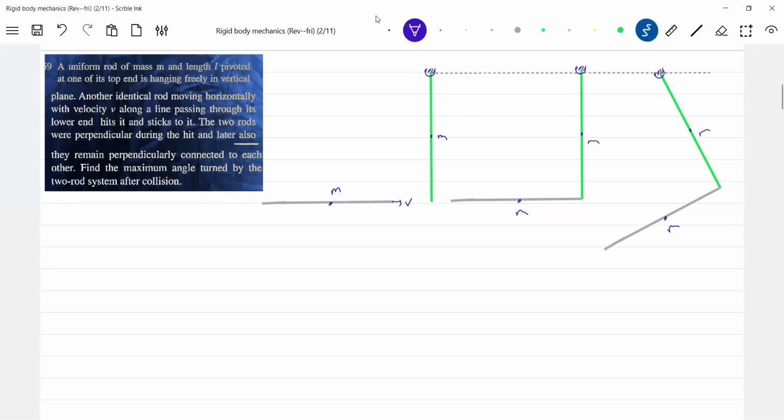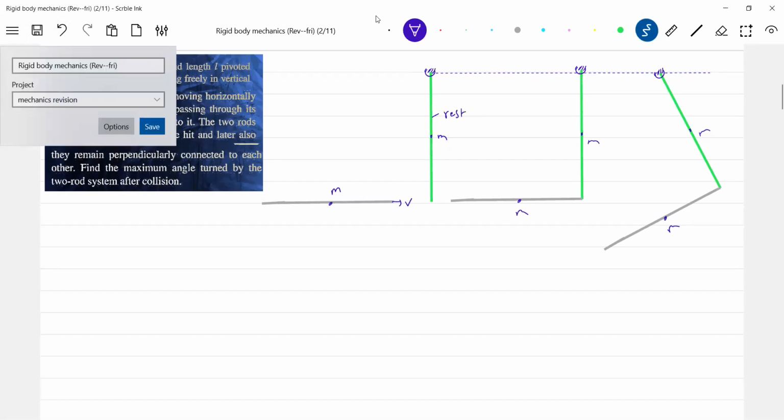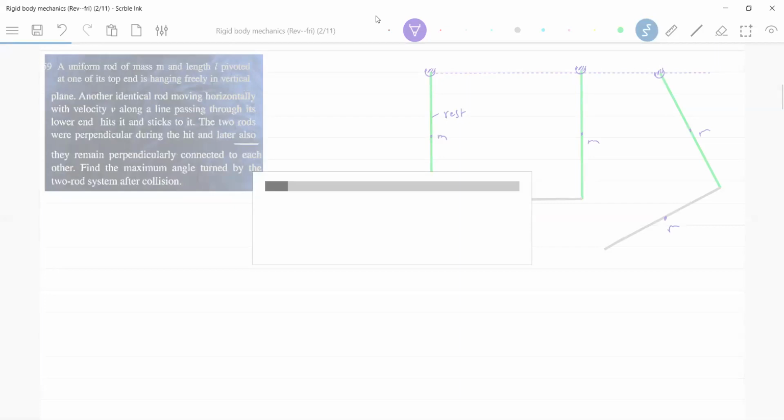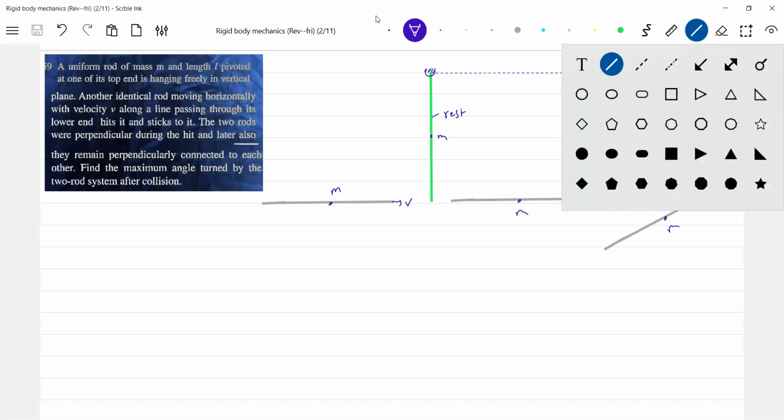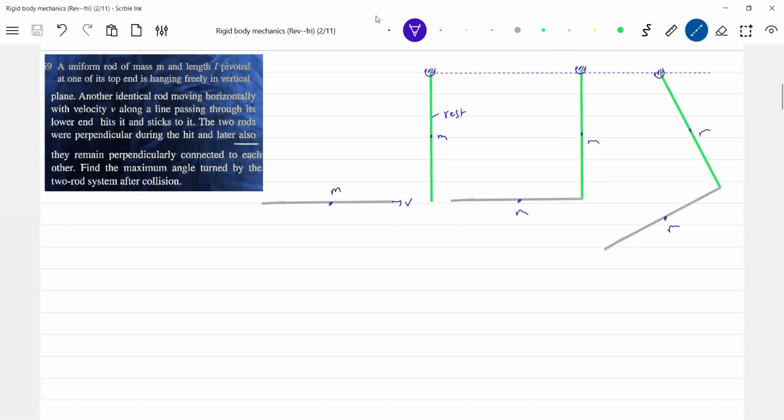Initially, what is the state of this rod? It is at rest. Okay, get into the concept now. At least looking at the diagram, analyze. Find the maximum angle turned by the two-rod system after collision. The effect of g will be there here.